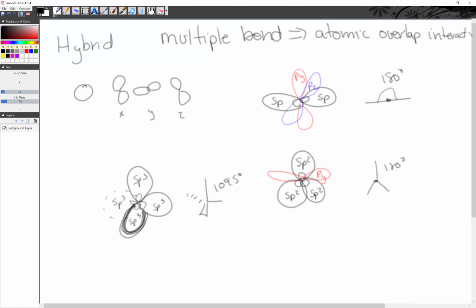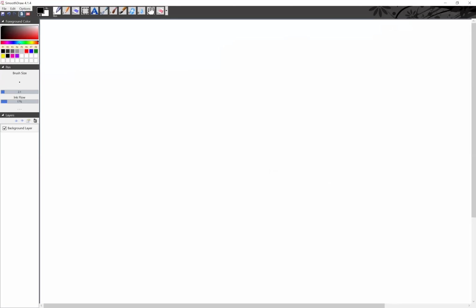So generically, as a review, what is hybrid orbital theory? Hybrid orbital theory is going to take atomic orbitals. They are going to hybridize, and they're going to make bonding locations.